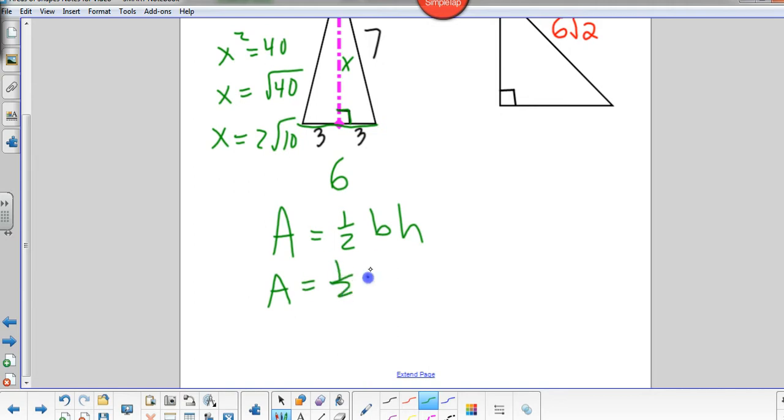And so 1/2 times 6, where the base is all the way across this triangle, 6, times the height, 2 root 10. Using the commutative property, I multiply 1/2 times 2, and they cancel each other out. So the area is just going to be 6 root 10. And then it's square units.